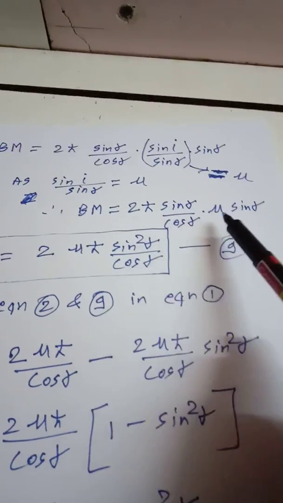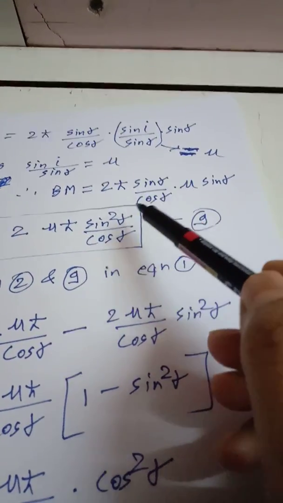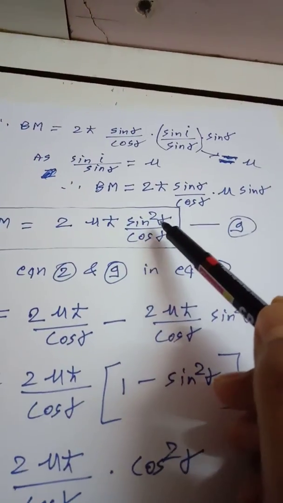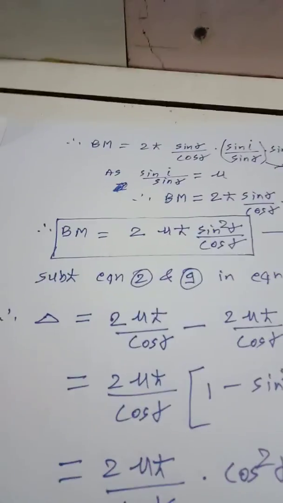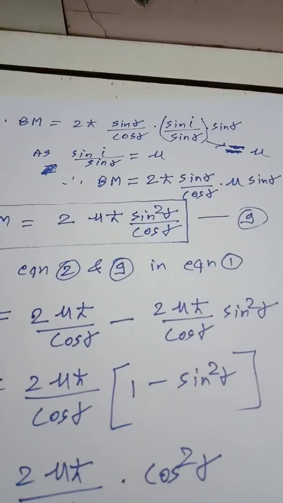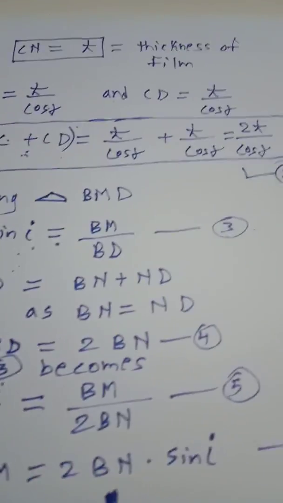So BM is 2t into sin r upon cos r into mu sin r, which can be written as 2 mu t sin square r upon cos r. Now we got the value of BM, equation number 9.